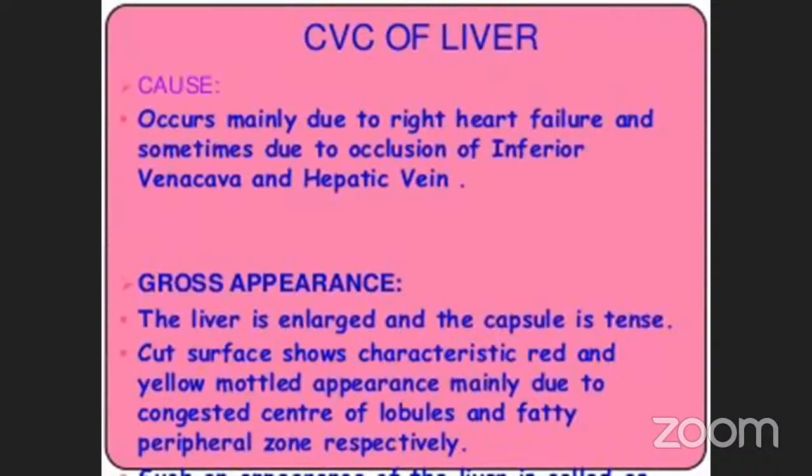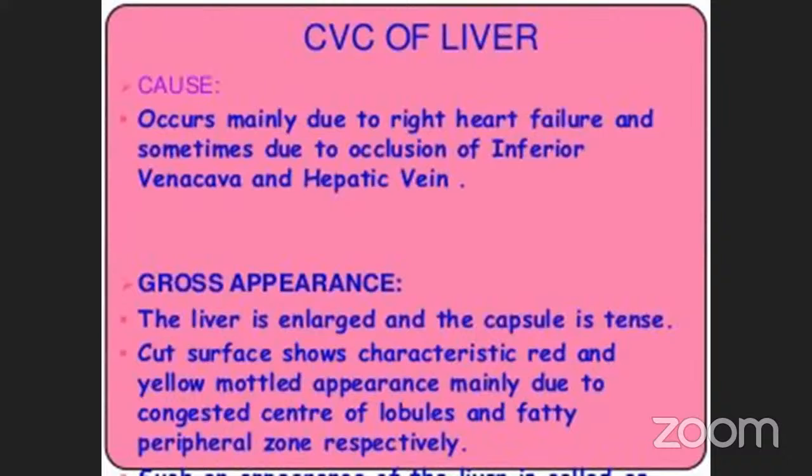Now why is it red and yellow mottled? It is due to the congested center of the lobules. On microscopy, the liver has lobules with the portal tracts at the corner ends, and in the center there is a central vein.